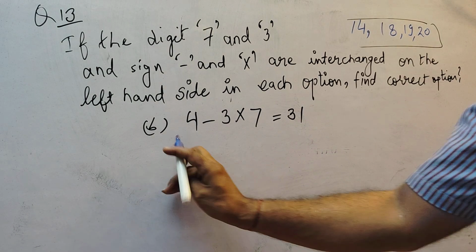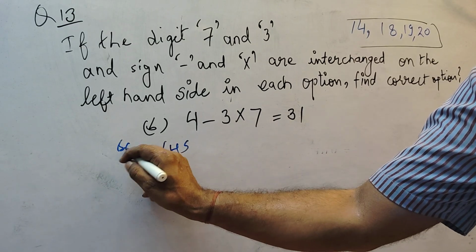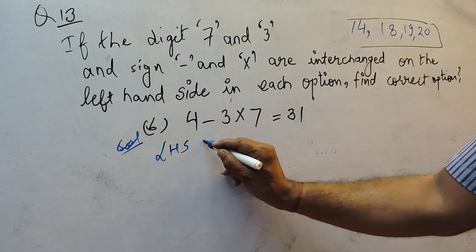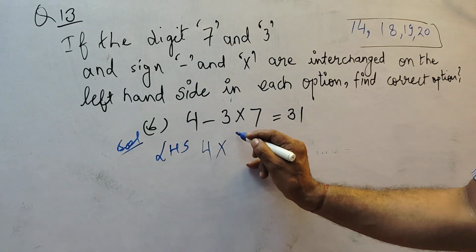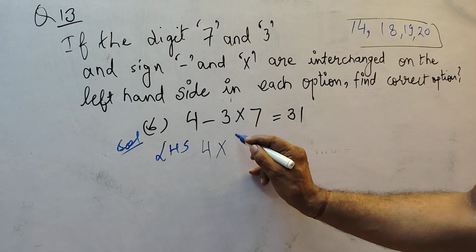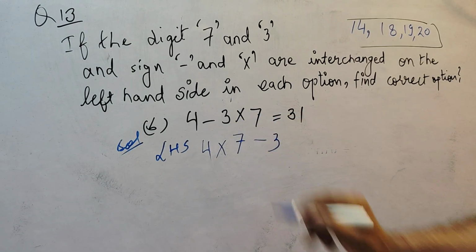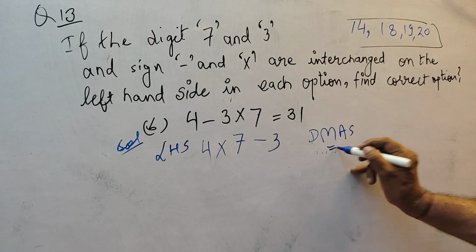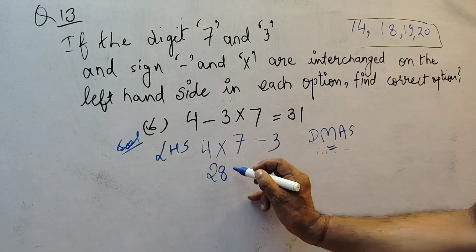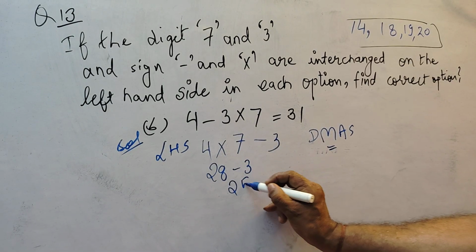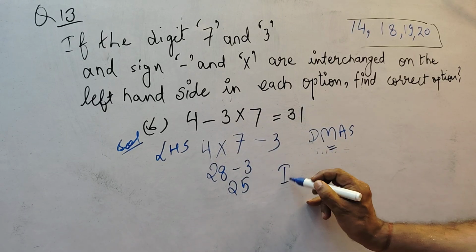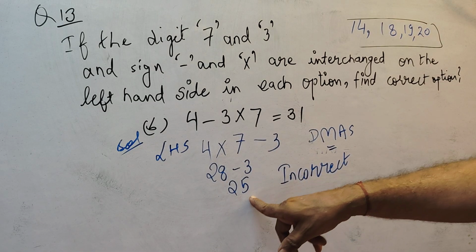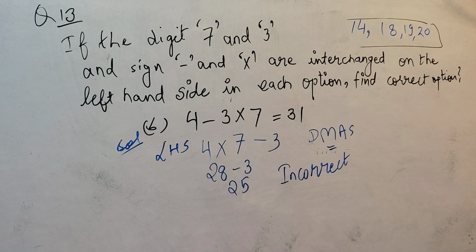So we solve the left hand side. 7 and 3 are replaced, 4 remains as it is, minus is replaced with multiply and multiply is replaced with minus, 3 is replaced with 7 and 7 is replaced with 3. Now according to DMAS we multiply first. So 7 4s are 28, 28 minus 3 is 25. That is also incorrect, because equal to 31 is not correct. Both sides should be equal. Left hand side is 25, right hand side is 31, so it is incorrect.